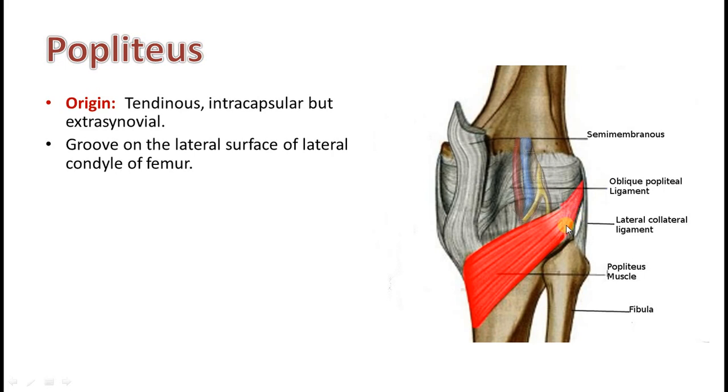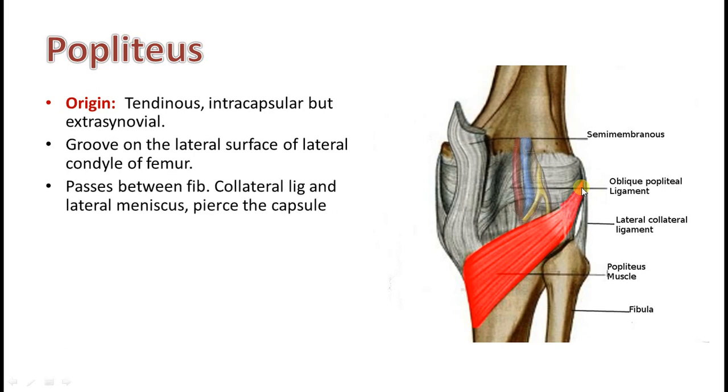It has a tendinous origin from the lateral surface of the lateral condyle of the femur. It arises by a tendon, passes between the fibular collateral ligament and the menisci and capsule of the knee joint. So it is intracapsular but extrasynovial. There is an opening in the capsule for the popliteus tendon.